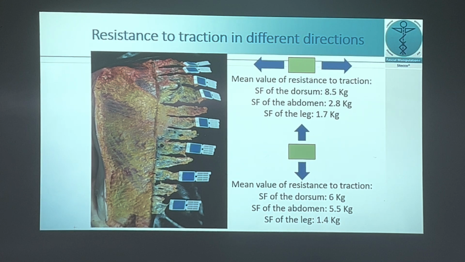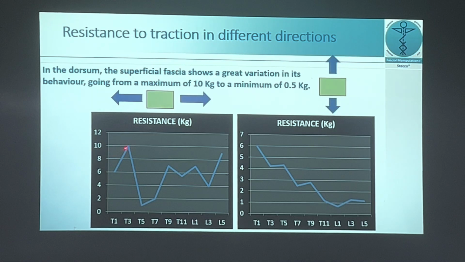So this is very resistant. It can get resistant up to 10 kilograms, like 30 pounds, even more. As you go down to the low back area, the resistance drops in the other direction.